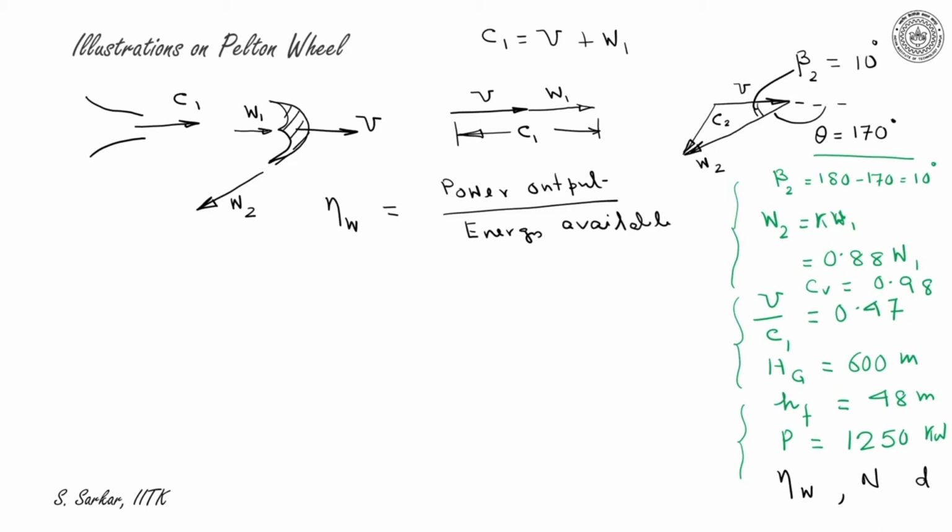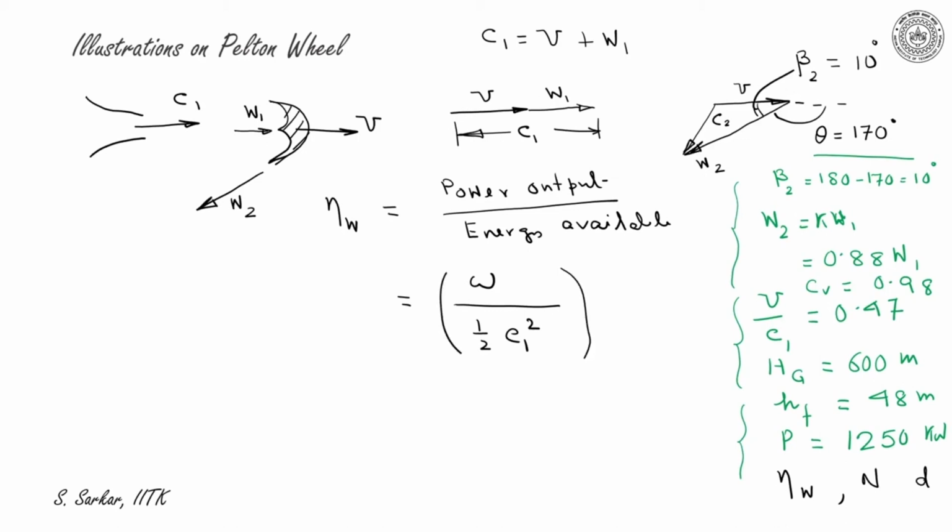I can write also specific power output. So if I put in terms of specific power output, I'll get small omega or small w, means specific power output, divided by half C1 square, that is kinetic energy of the jet.